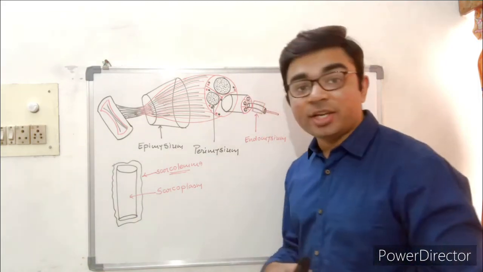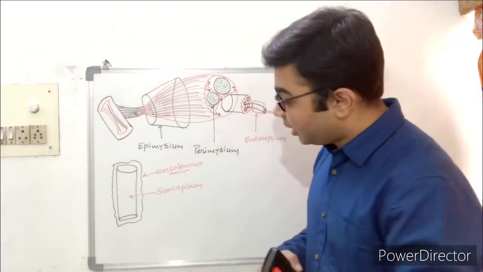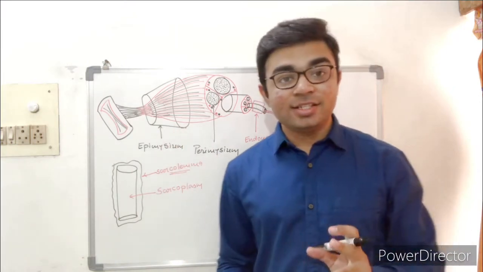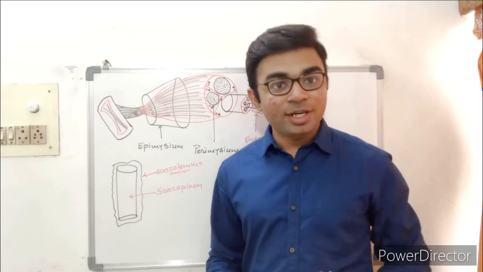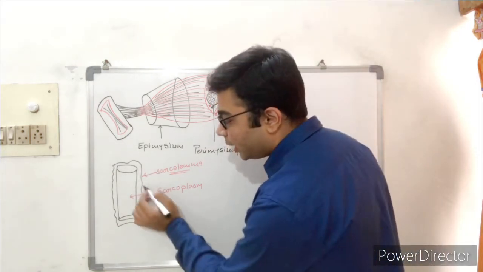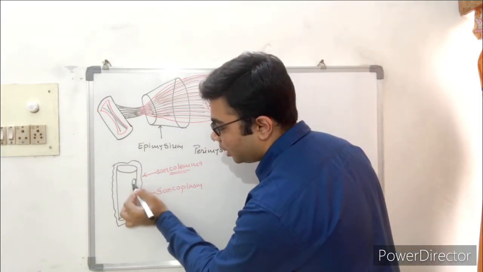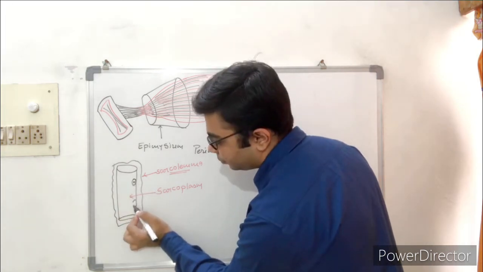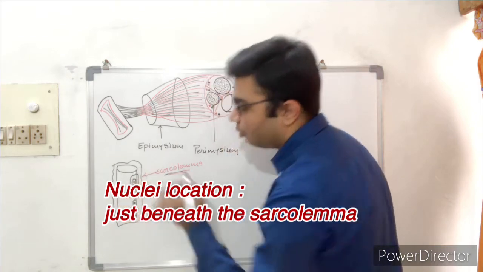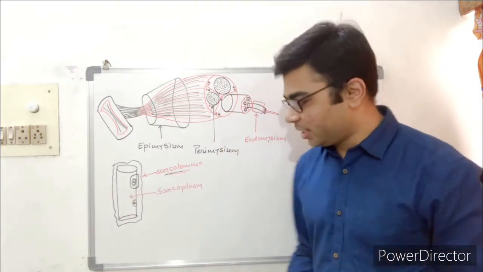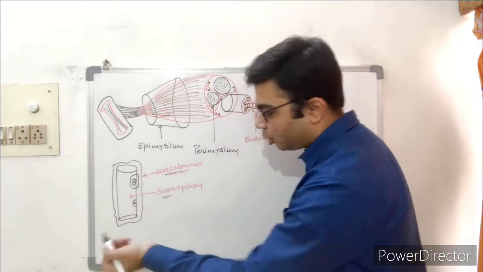As I have mentioned earlier, these muscle cells may contain one or more nuclei. They can be multinucleated. The nuclei are present just beneath the sarcolemma, inside the sarcoplasm.